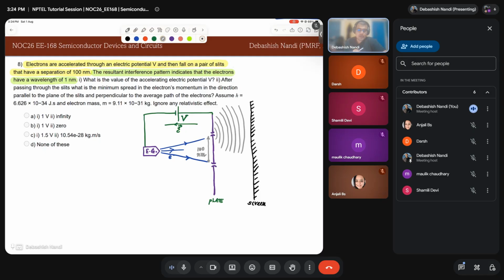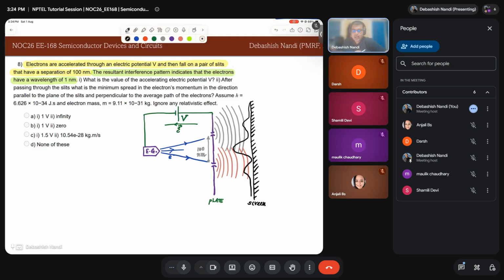So one wave will be coming out of this slit, another wave will be coming out of this slit, and they will interfere, right? Interfere means, as you have seen in the last session, nothing but addition of the waves, right? And then it will create some interference pattern.